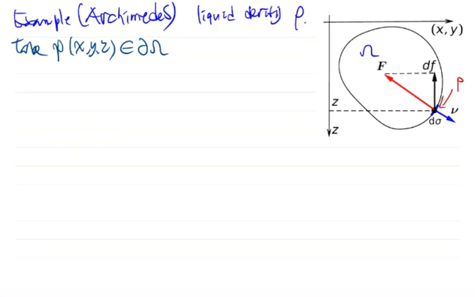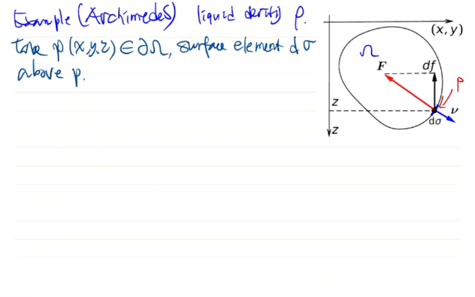And we take a surface element d sigma about P. That is a small piece of the boundary surface.